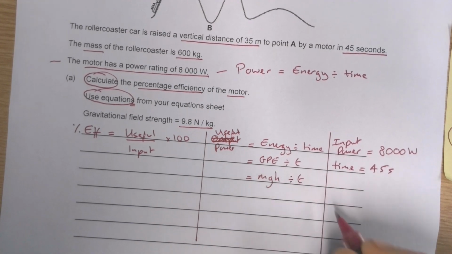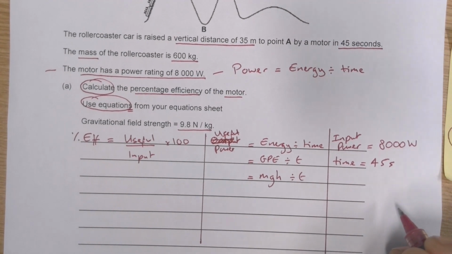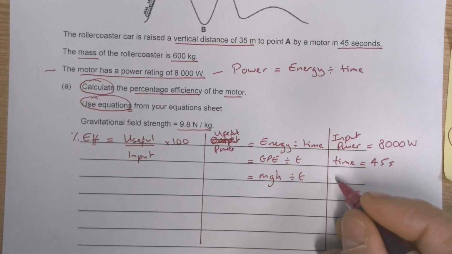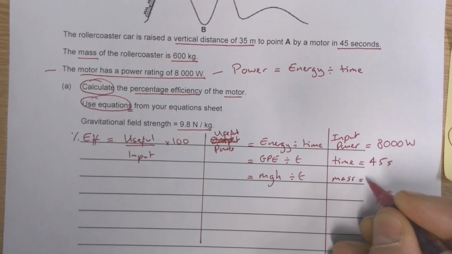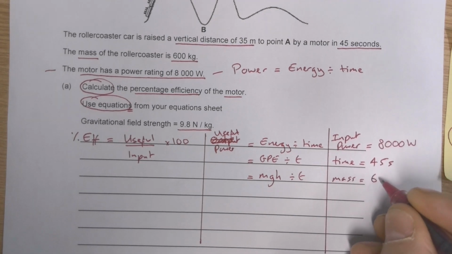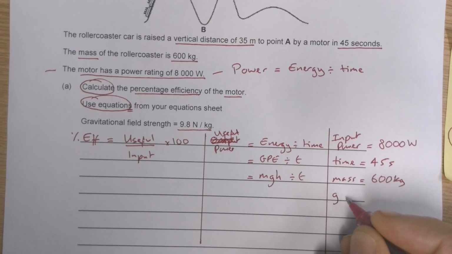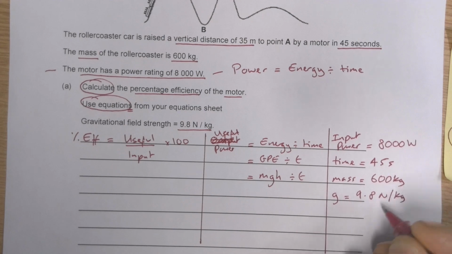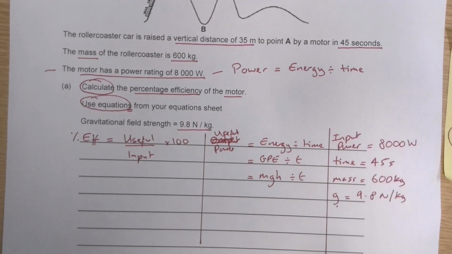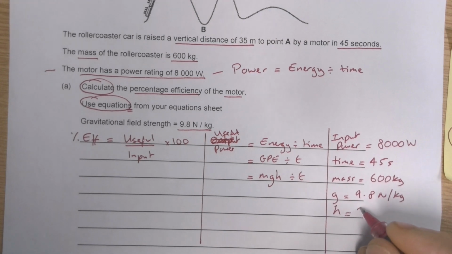I know those things: mass is equal to 600 kilograms, g is equal to 9.8 newtons per kilogram, time I've already got, and h is equal to 35 metres.